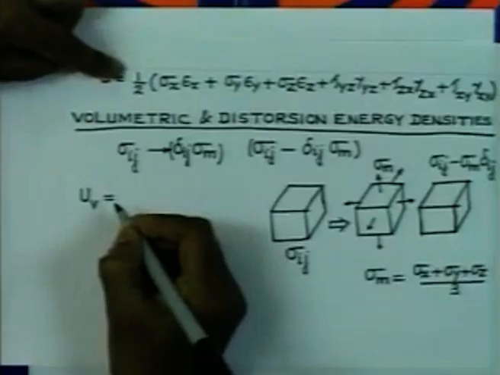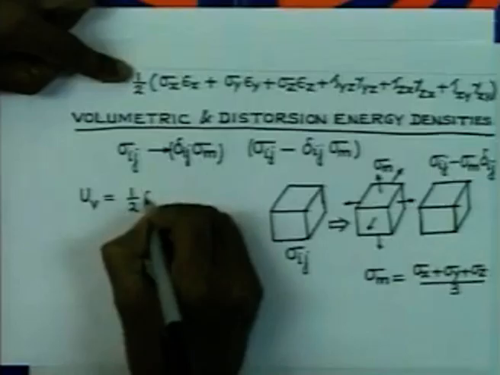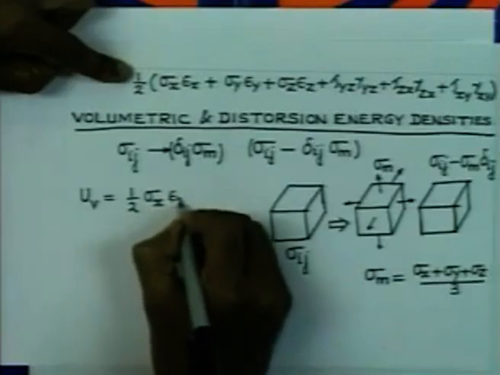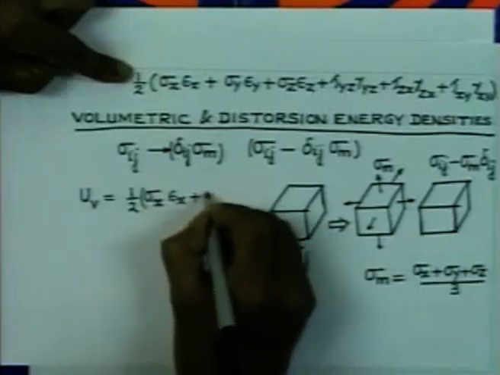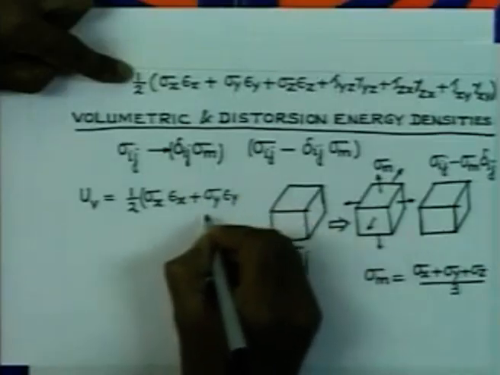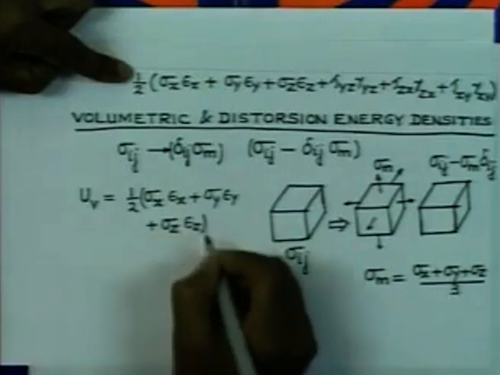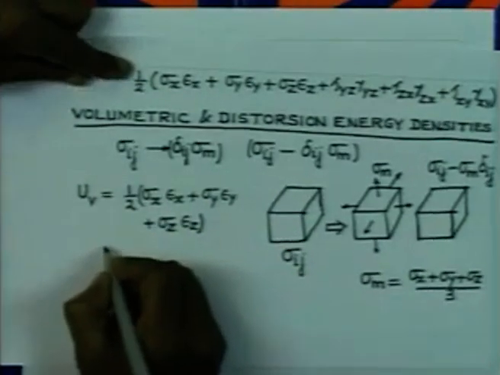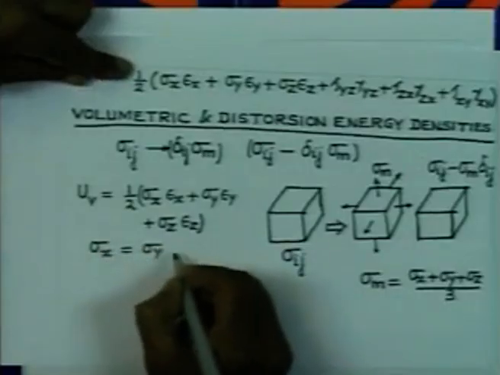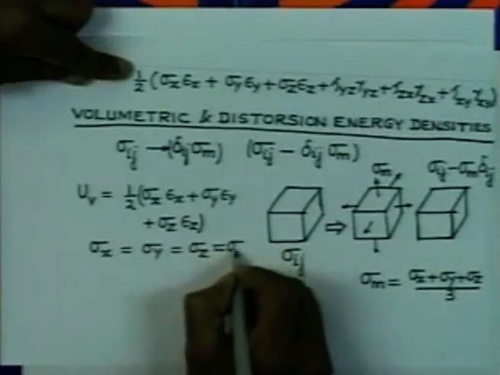If we make use of the formula for 3 dimensions, it is going to be half sigma x epsilon x plus sigma y epsilon y plus sigma z epsilon z. In this case, sigma x, sigma y equal to sigma z equal to sigma m.